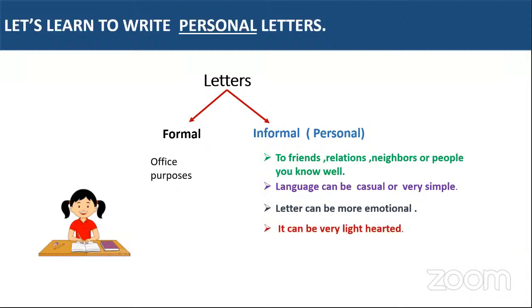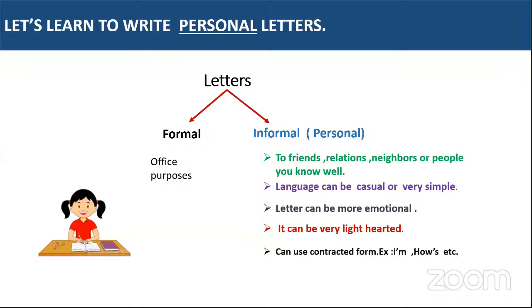Next one. It can be very light-hearted. That means you can entertain. You are happy. Sometimes you are happy to read it. Right? Then, when you are writing informal letters, this is important. What is it? You can use contracted form here.